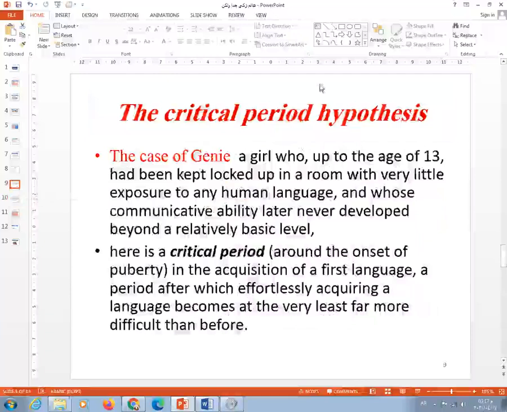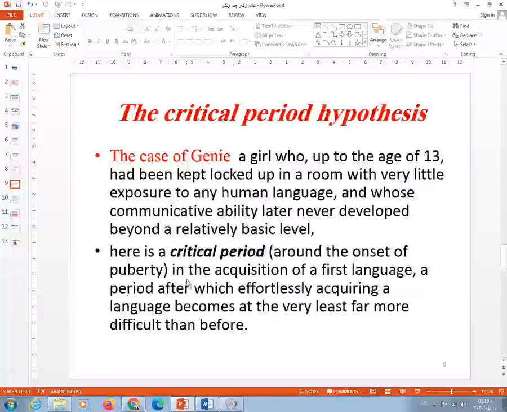This is called the critical period hypothesis, and according to this hypothesis, there is a critical period for the acquisition of the first language, where we can acquire our first language effortlessly at a very young age. But if we grow up and reach the onset of puberty, it's going to be difficult for us to acquire language effortlessly.